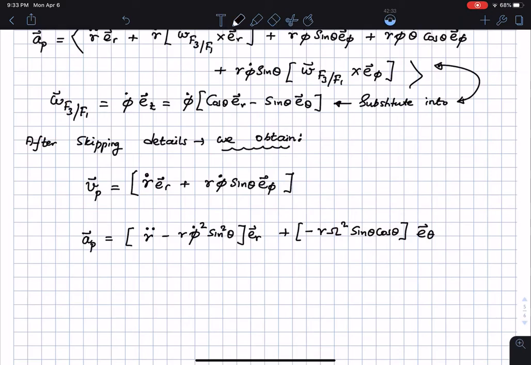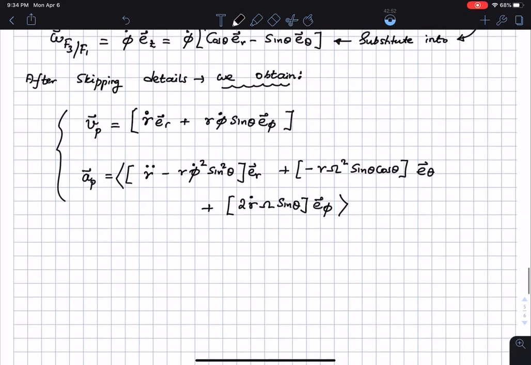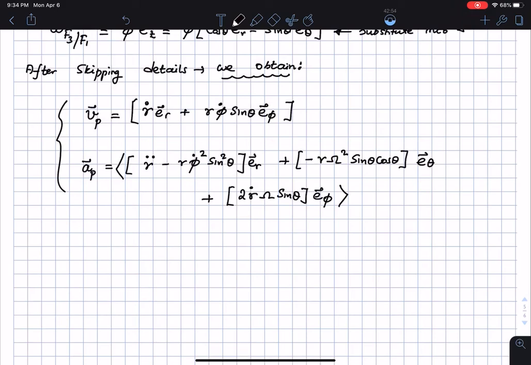Okay, and then lastly I'm going to be having something in the e phi direction, which is 2 r dot omega sine theta in the e phi. Okay, so this entire thing is the acceleration expression. All right, so we are now ready to write the kinetic energy, the potential energy, and then go forward with the solution of this problem as well.